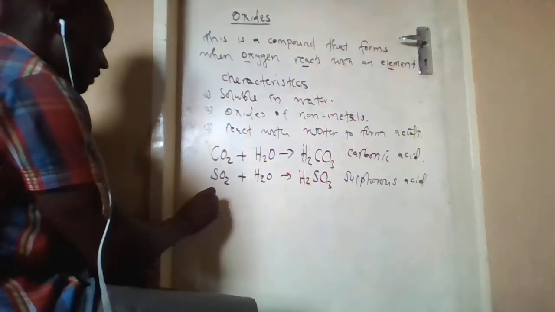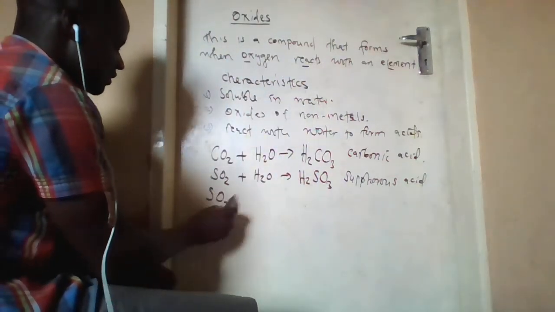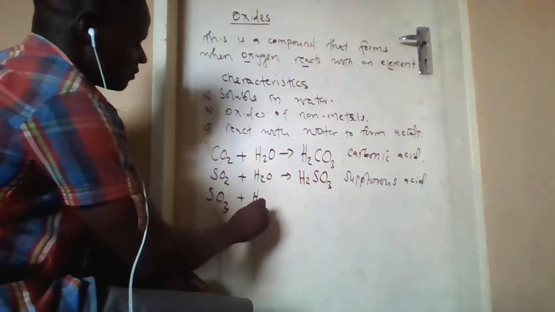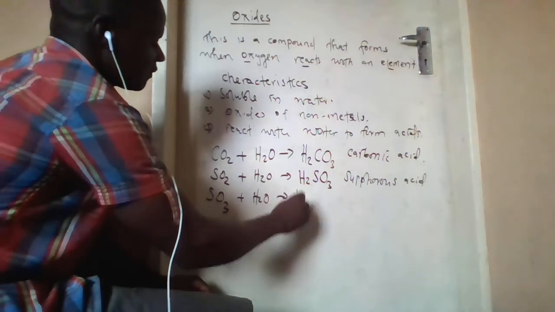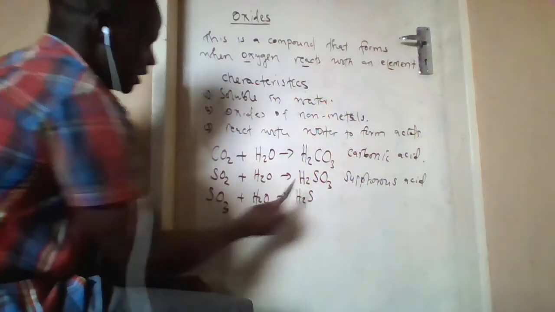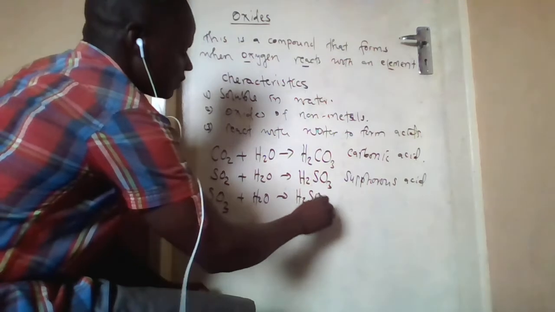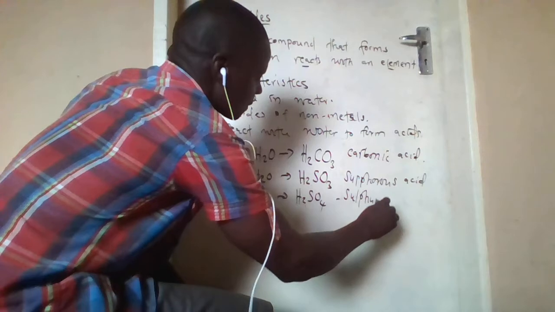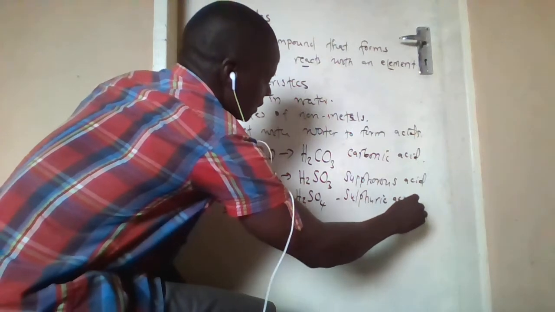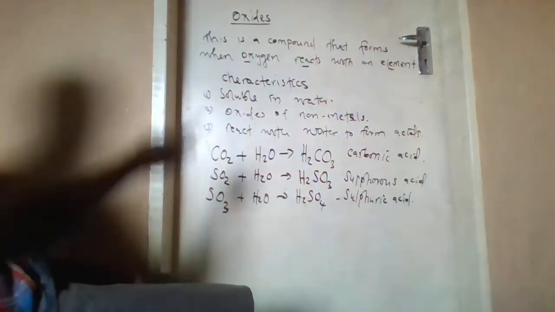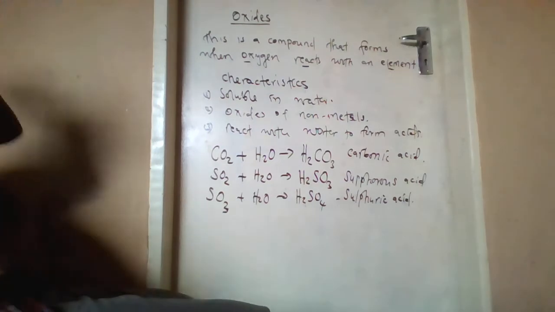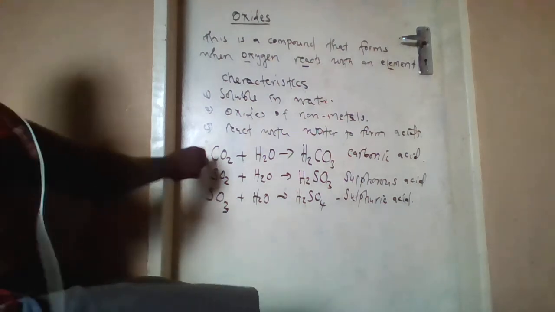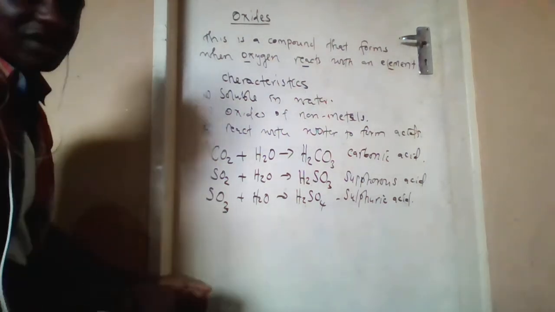The other one is sulfur trioxide. When it reacts with water, we are going to have H2SO4, and we know that this is sulfuric acid. Yeah, and many more. So this is how we can prove that it is an acidic oxide. But carbon monoxide is not an acidic oxide.